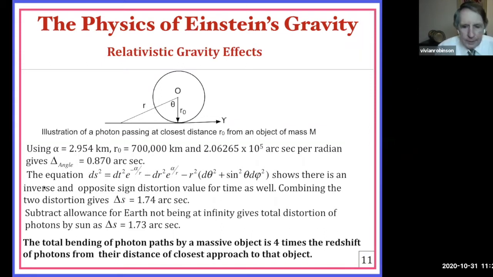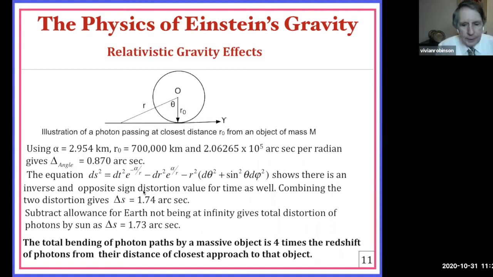That is also obtained by considering only the potential energy under Newtonian gravity. As the derivation of this equation shows, as long as r is much greater than alpha, there is a time distortion figure, which is the same as the space distortion correction, although of opposite sign.